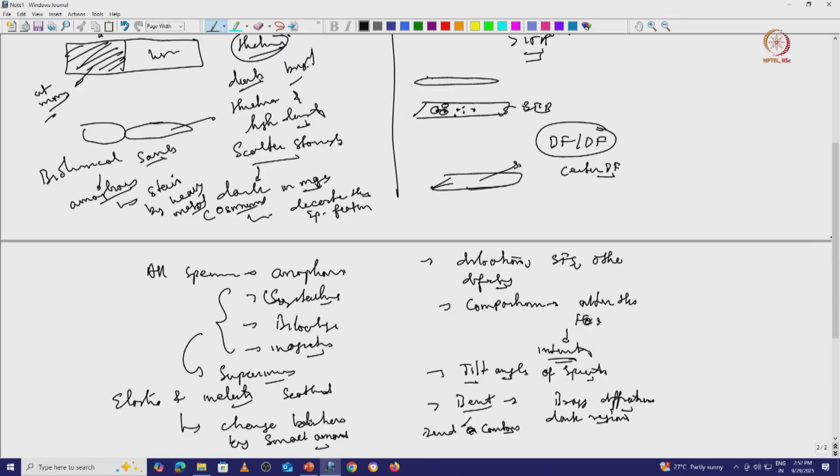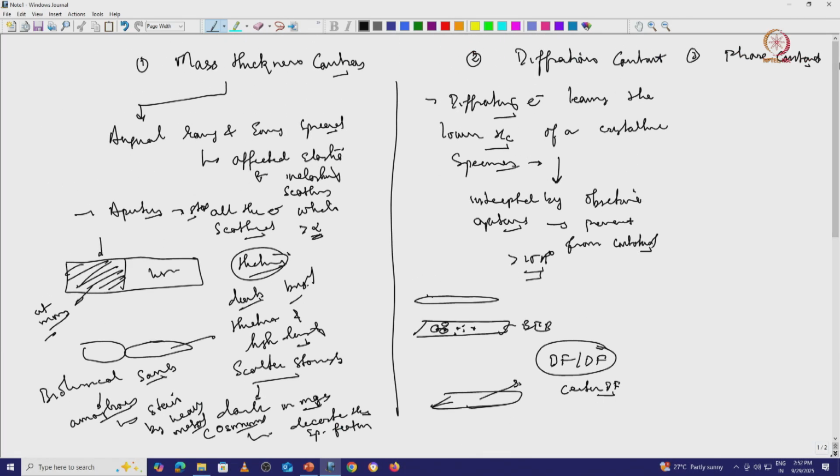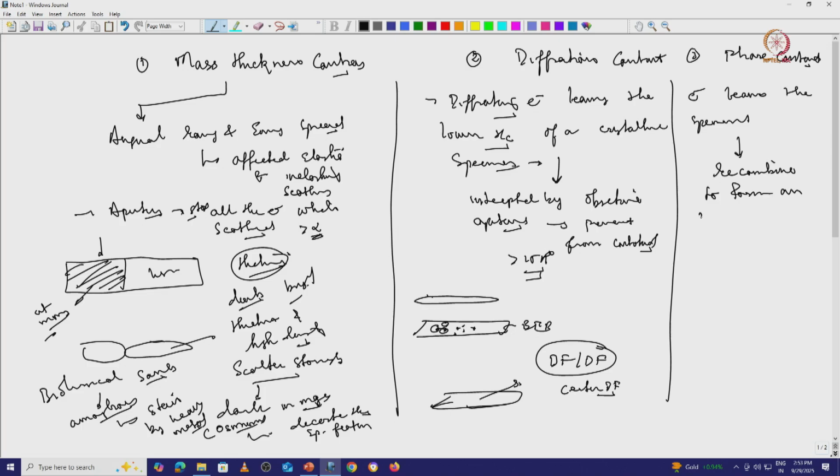Now, the third contrast is called the phase contrast. Okay. Phase contrast, here the electrons which leave the specimen after interaction, after interaction of the diffraction, they actually recombine to form a high resolution image.